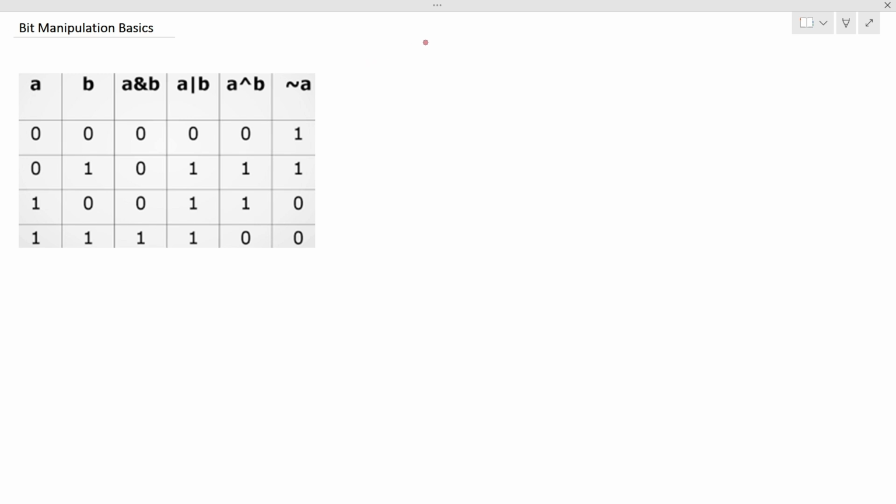But in this video I would like to give a quick revision or recap related to bitwise operators. So we know that basically there are these operators: bitwise AND, bitwise OR, bitwise XOR, negation, right shift and left shift.